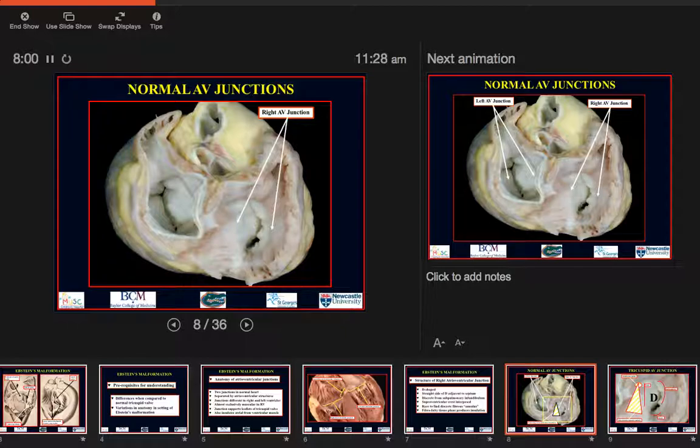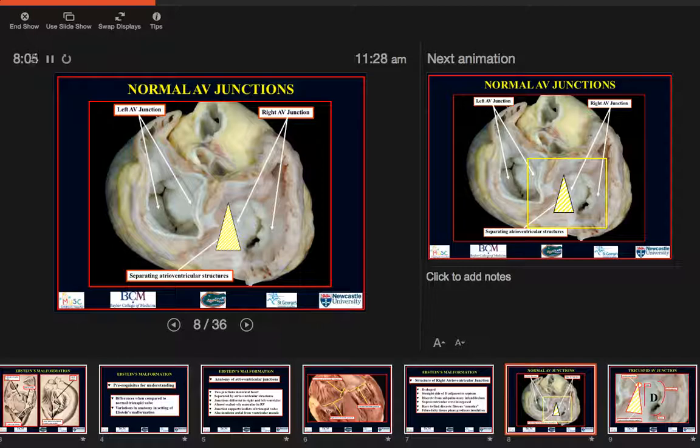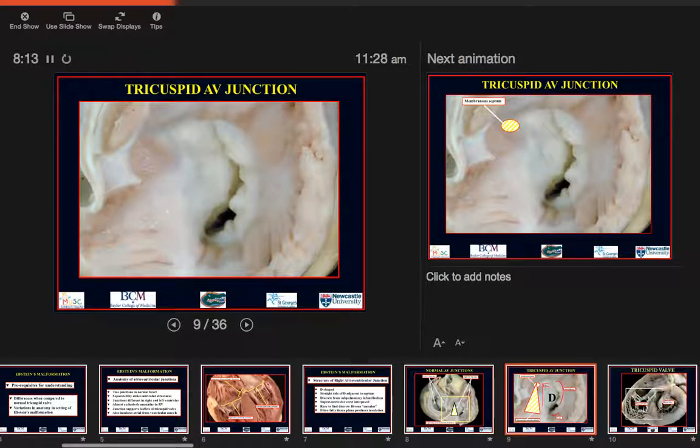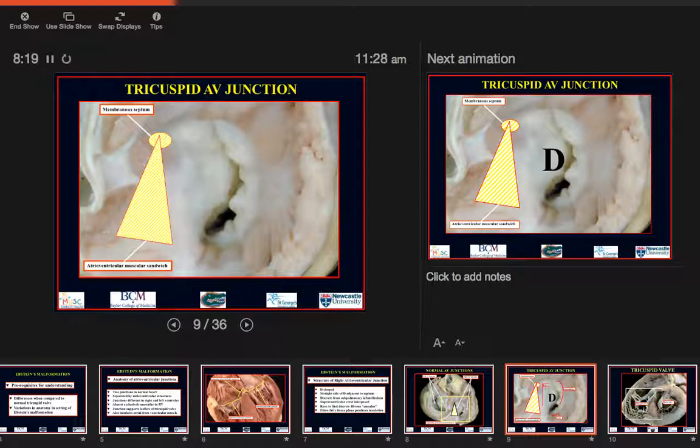So here is our right AV junction, separate from the left AV junction, and the key feature, the location of the separating structures, which essentially is the triangle of Koch. So let's blow up that area, and again you see the location of the triangle of Koch with the membranous septum at its apex.